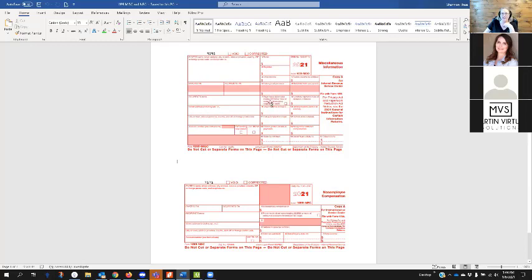I don't know if this affects any of your clients specifically, but if you have a client that sells a lot of wholesale product to one vendor, then you fill out the payer name, the recipient name, and the tax ID numbers, and you check this box, and you're done.